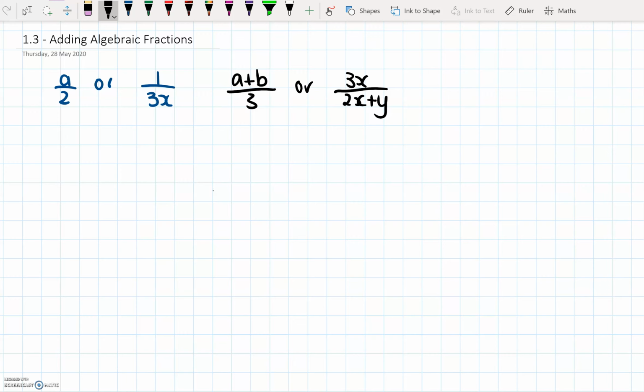Now, I want to just quickly look firstly at normal fractions. When we're adding fractions together, you always know that we need to have the same denominator.